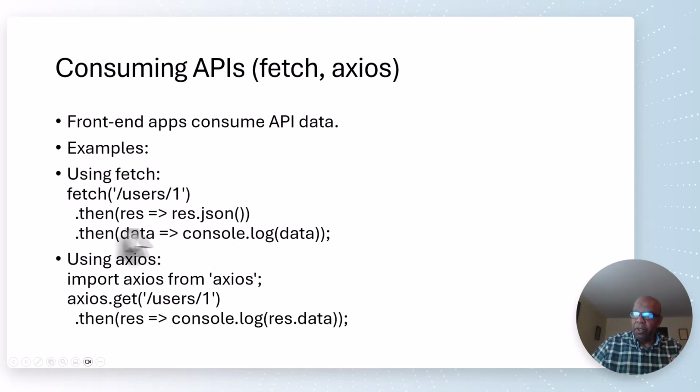So here's the fetch. Here we talked about Axios. Here's regular JavaScript. This is Axios, where I'm importing from Axios. And here, rather than a fetch, Axios uses a get. But these two basically do the same thing as far as getting information.